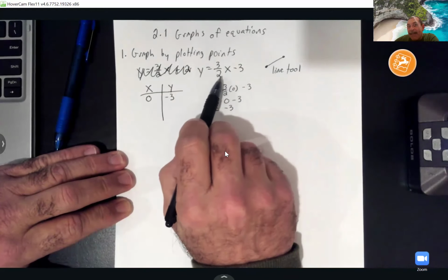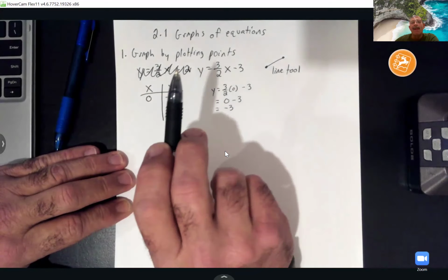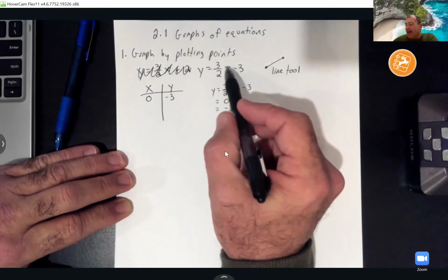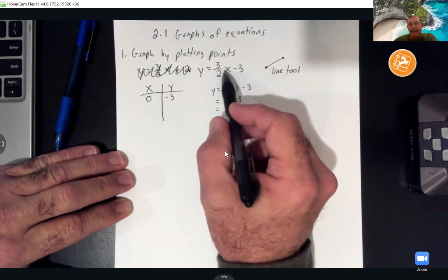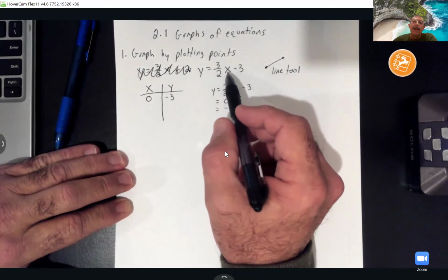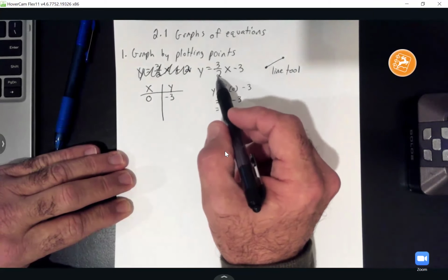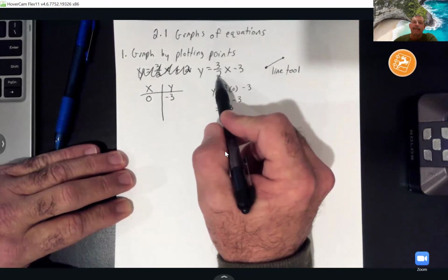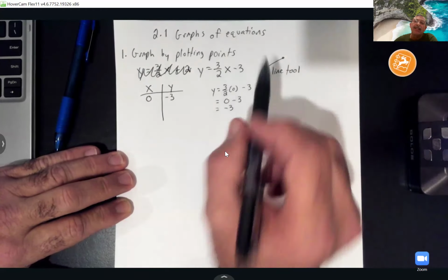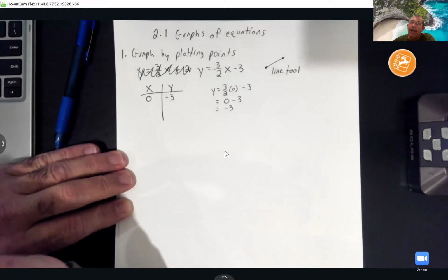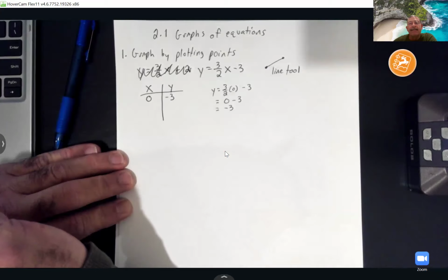Now, when I got a fraction, I'm very picky about what x's I pick. On this one, since you got a 2 in the bottom, you want this x to be a multiple of 2. That way you can get rid of these fractions.